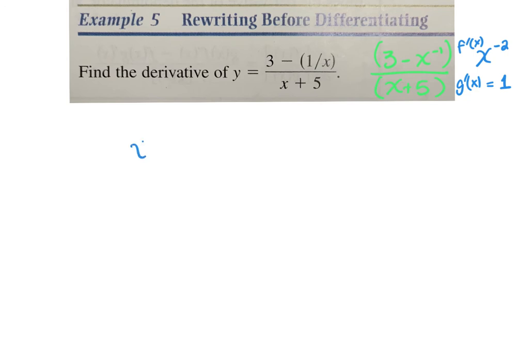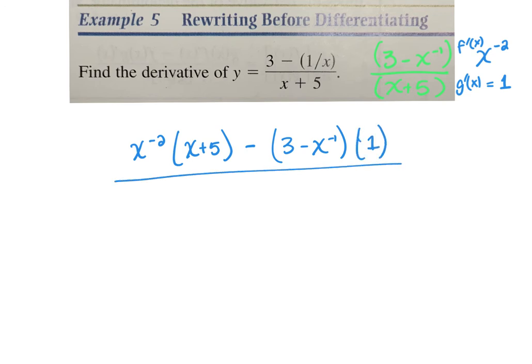Then I'm going to plug it in. The derivative of the top times the bottom, minus the top times the derivative of the bottom, right? All over the bottom squared. All right, your biggest problem here is going to be figuring out these exponents, right?